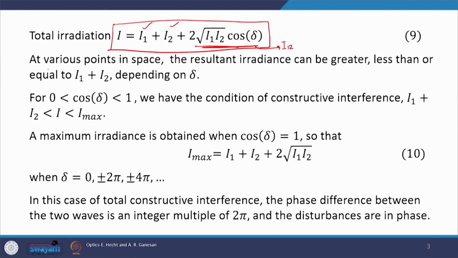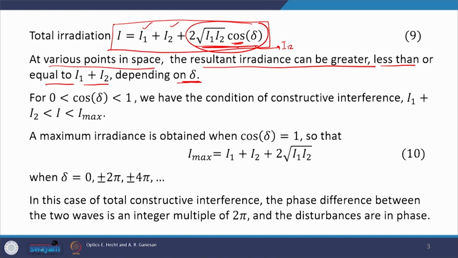Now at various points in space, the resultant irradiance can be greater than, less than, or equal to I1 plus I2, and this depends on the phase delta. You see that in this interference term we have a cosine term, and due to this cosine term the irradiance I1 plus I2 will be modulated.